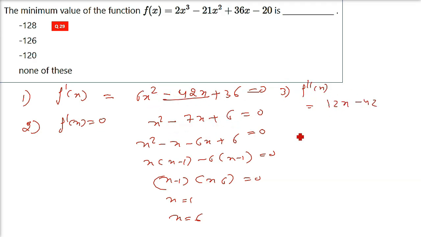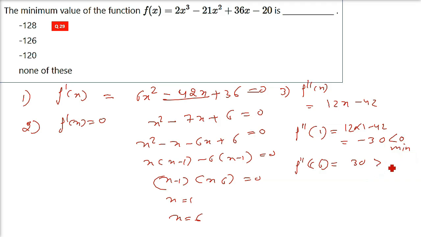But before that, we are doing double differentiation to check whether we are actually getting minimum or maximum. So at 1 and 6 both we will check in the double differentiation. Double differentiation of 6x square minus 42x plus 36, already written: 12x minus 42. Now I'm replacing x by 1 in one case and x equals 6 in the other. So negative 30 is minimum, and 30, which is positive, is maximum.